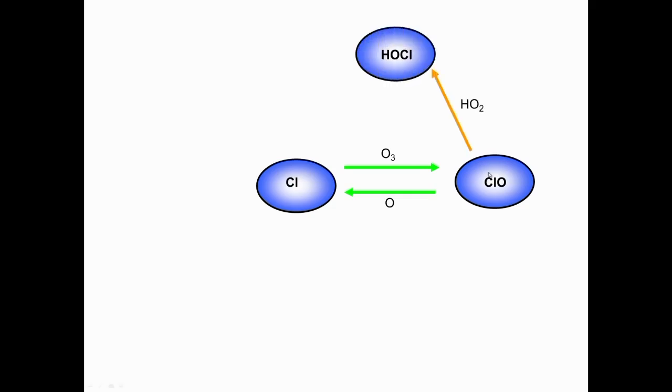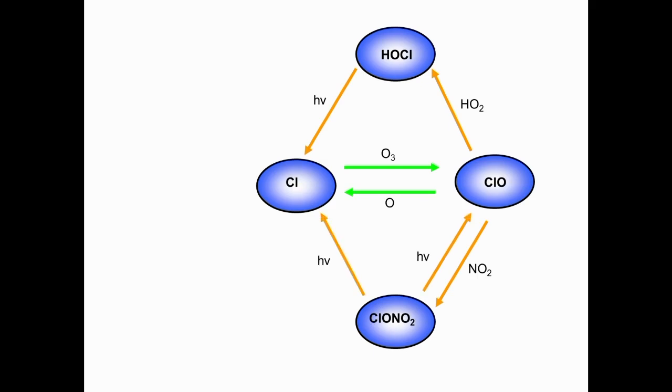So the HO2 can react with ClO to give you the HOCl, which photolyzes slowly back to the Cl. So a lot of your ClO is locked up in HOCl, but also the ClO can react with the NO2 and lock up your ClONO2, which again photolyzes quite slowly back to Cl.